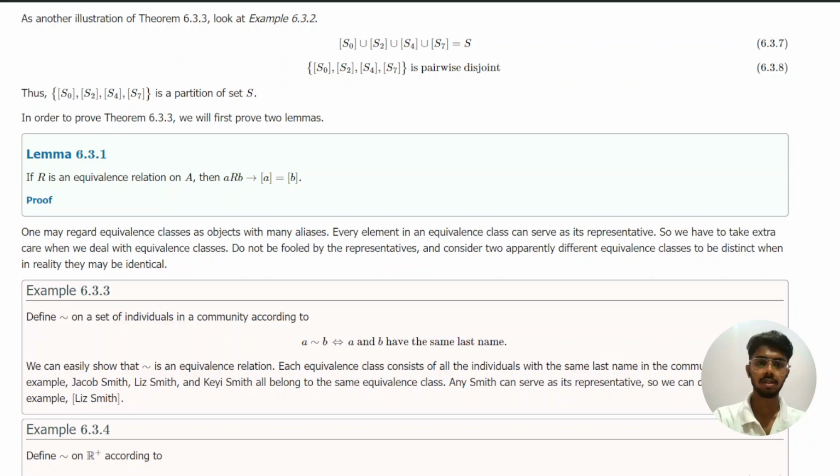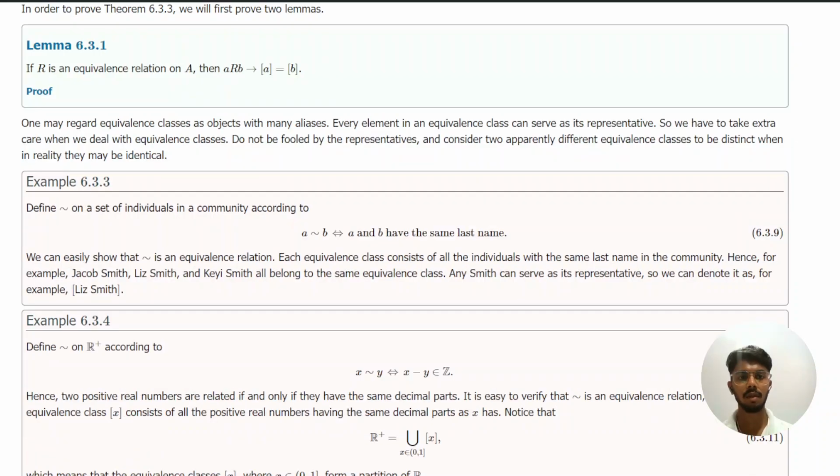In order to prove 6.3.3, we will first prove two lemmas. If R is an equivalence relation on A, then aRb implies [a] is equal to [b]. One may regard equivalence classes as objects with many aliases.